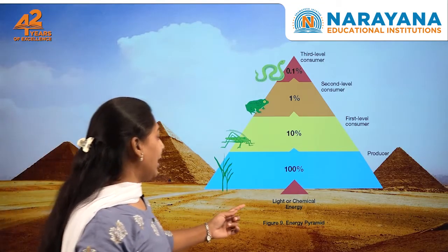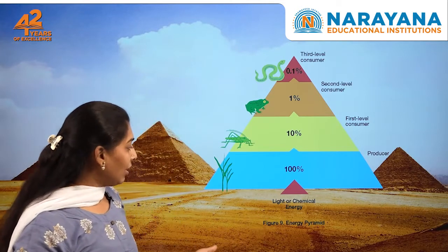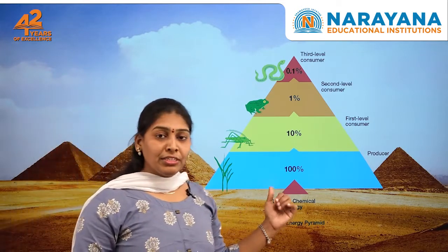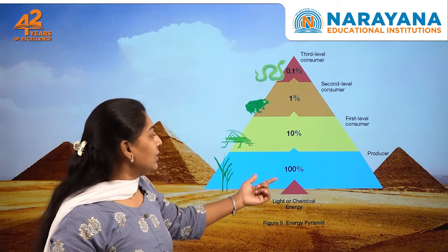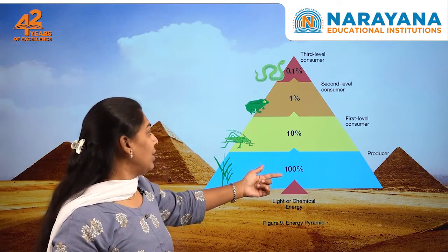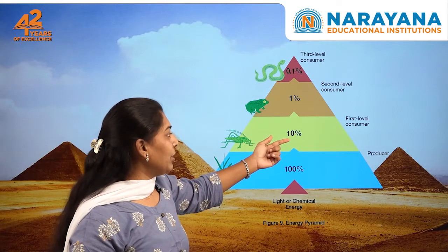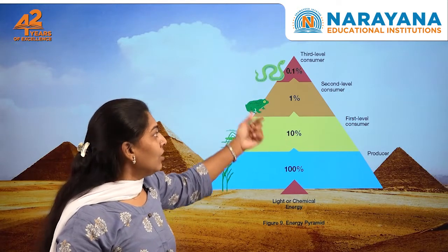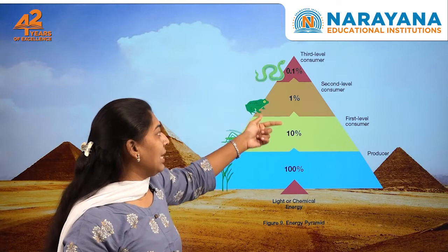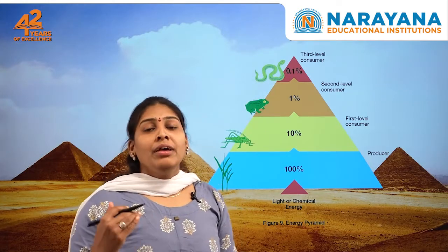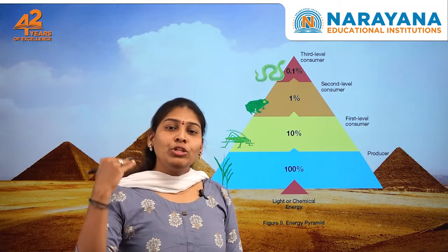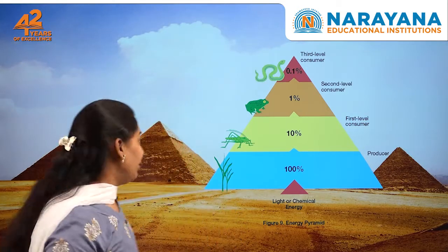Take the example of light and chemical energy: the light energy will be fixed into chemical energy by photosynthesis, where 100% of the energy is utilized and only 10% can be transferred to the next level. So you can see 100, 10, 1 and 0.1; the energy levels decrease from producers to top carnivores.